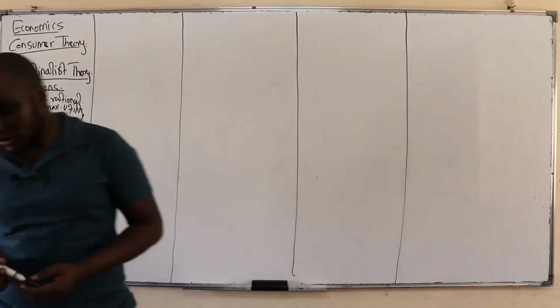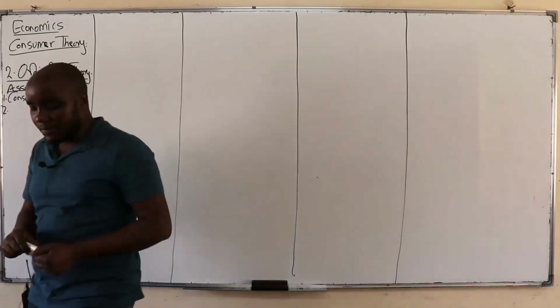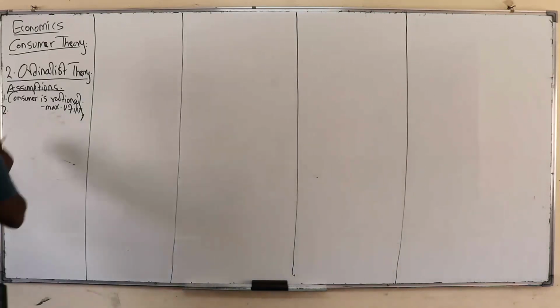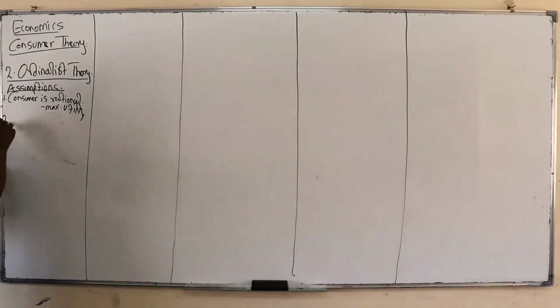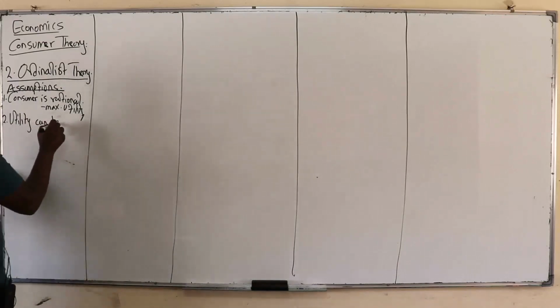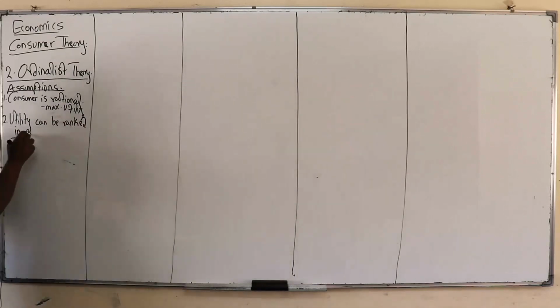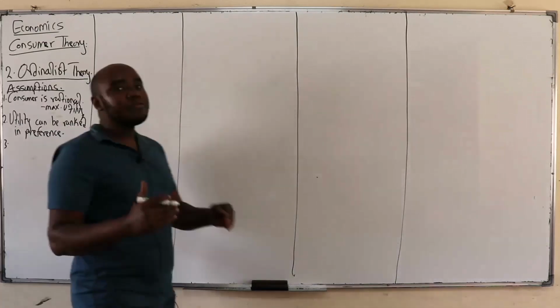Number two is that utility can be ranked in preference. In short, your satisfaction can be ranked into the level of your preferences.